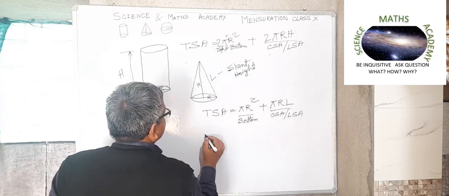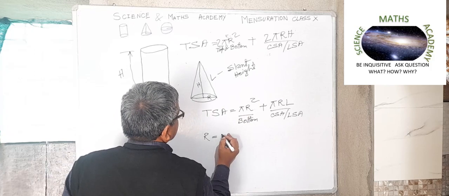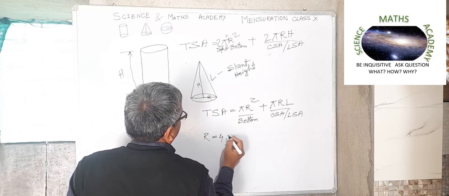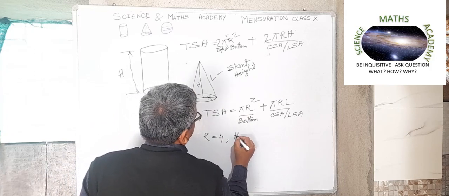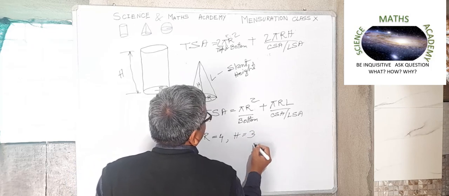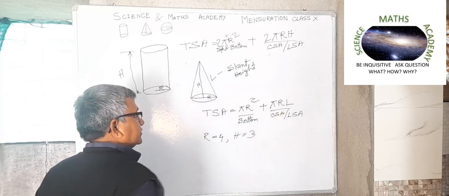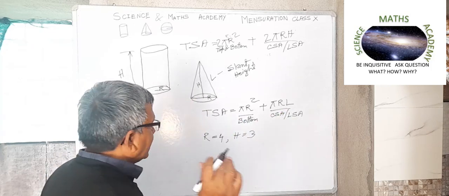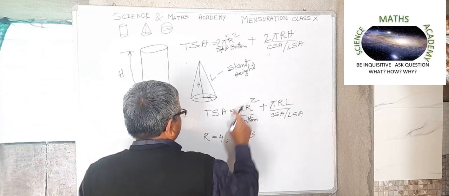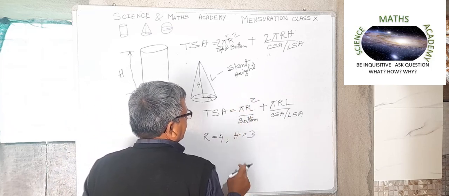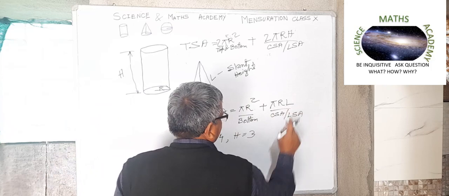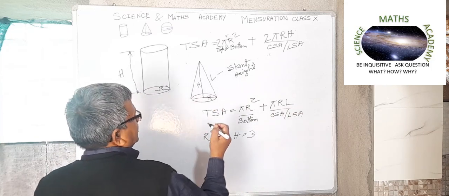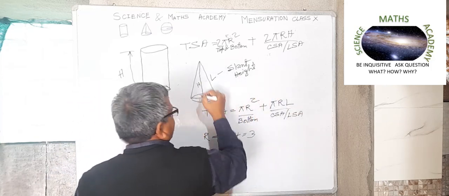Radius is 4, height is 3, find the area. You know it will come, but here it is pi r l, so you have to use the Pythagoras theorem.